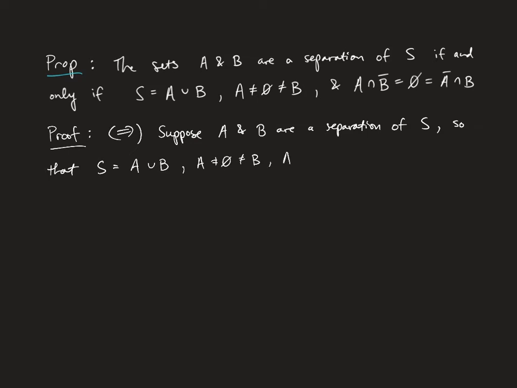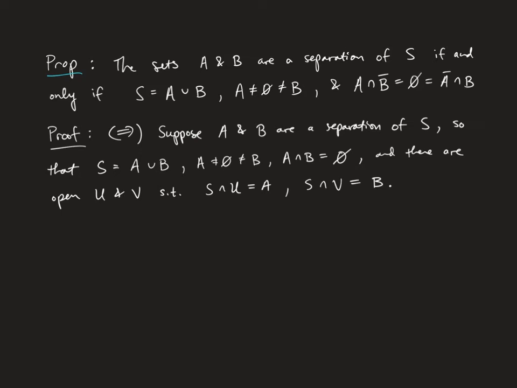They're disjoint, A intersect B is equal to the empty set, and here's the open condition: there are open U and V such that when I take S and intersect with U, I get A, and when I take S and intersect with V, I get B.